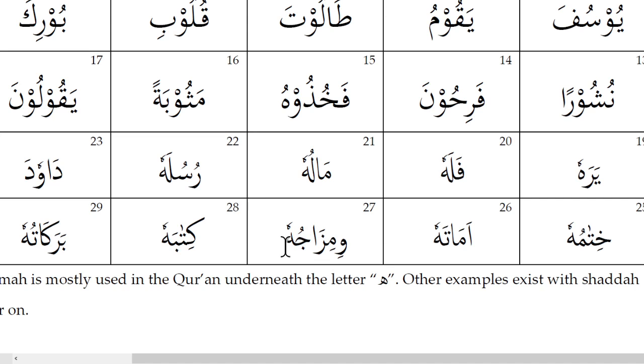And then on top of the ha after it, there is the madda dhamma. And you can see that the madda dhamma looks like a rotated dhamma, right? So it's been rotated. And so that's our point of recognition for the madda dhamma. In the actual Quran, the madda dhamma is very, very clear because it's written a little bit differently.